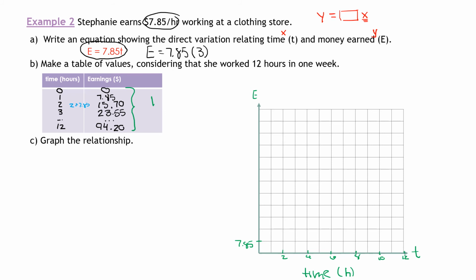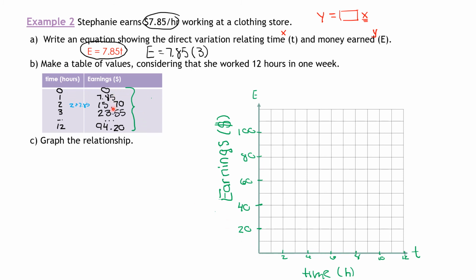But just to show you both, I'm going to count by tens here. Actually, I'm going to erase that and label every second one instead of every one. So I've got my scale counting by tens, and now I'm going to put all of these points on. Remember, 0,0 is an important one, so that's going to go right there.